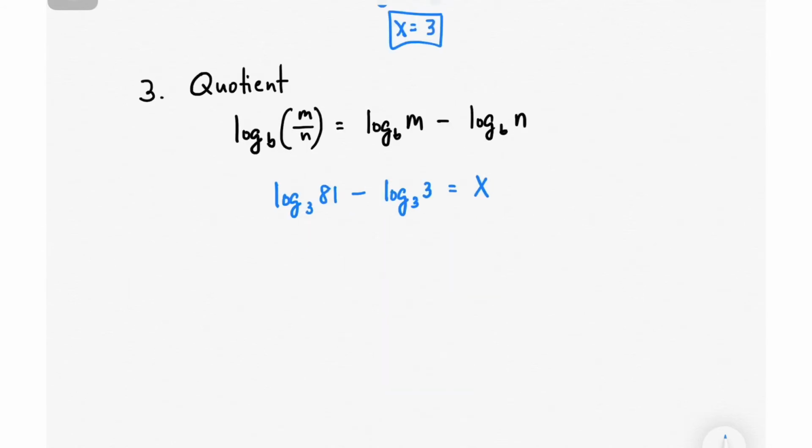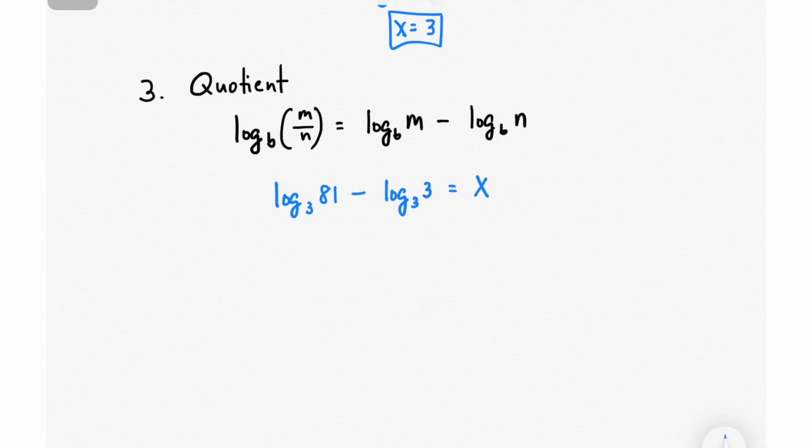Now let's have the third property, the quotient property, which states that if you are given log base b of m over n, it is equal to log base b of m minus log base b of n. To apply, let's have the example written in blue. Log base 3 of 81 minus log base 3 of 3 equals x.